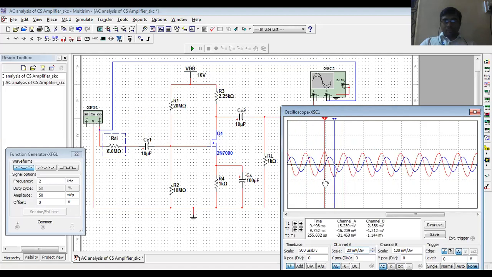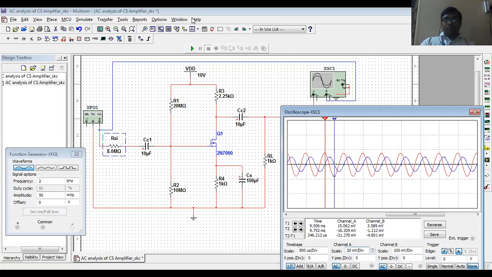I have already measured it, but for the sake of practical, I am showing you how to measure 31.2 millivolt. These are all 4 voltages that we are required to calculate, because they are helpful for finding the voltage gain, input resistance, and output resistance.